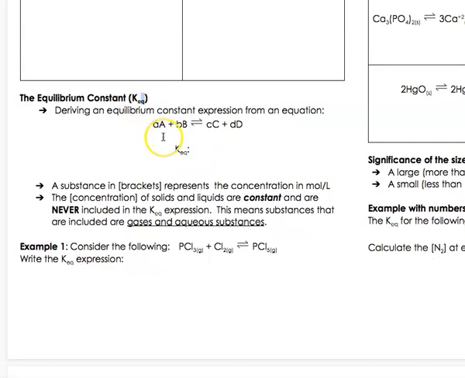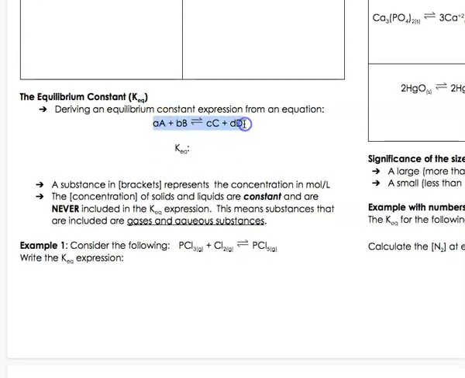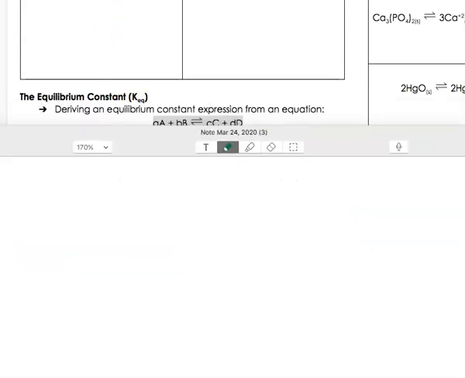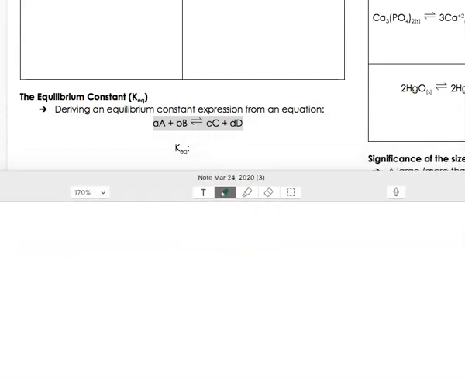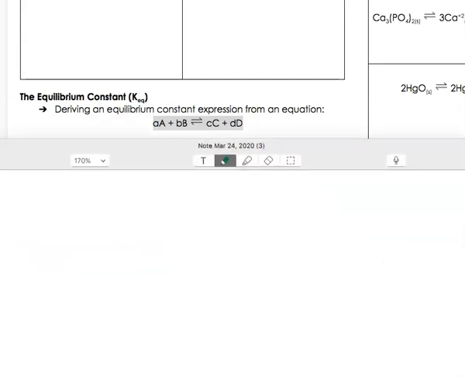So let's say we have a generic equation. The way you solve for this constant is you're going to follow some rules. The rule is that you're going to put KEQ, that's the constant, and you're going to start off with your substance.